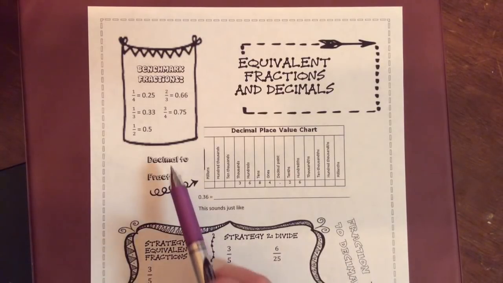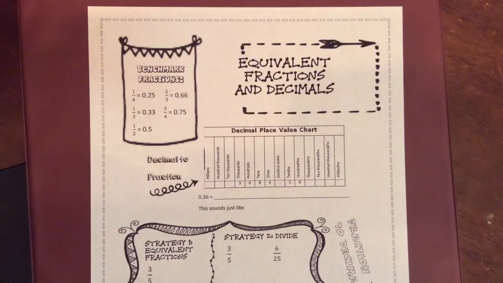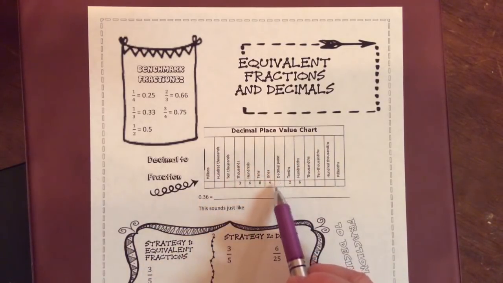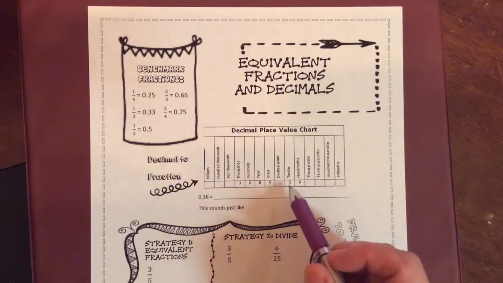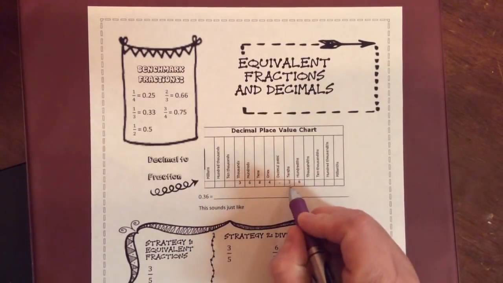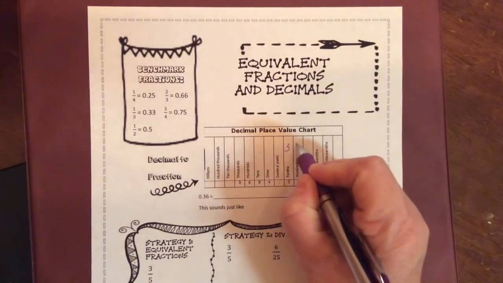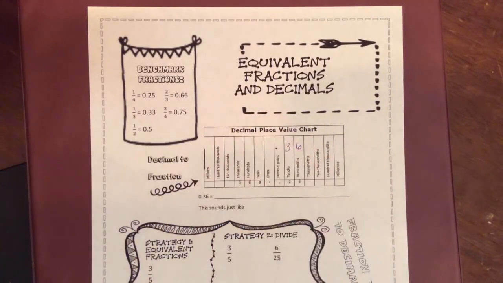Now, to change a decimal to a fraction, okay, you have your place value chart. And so as long as you know where the number falls, so this number that looks like a 0.36, I would have a 3 right here and a 6 right here after your decimal.